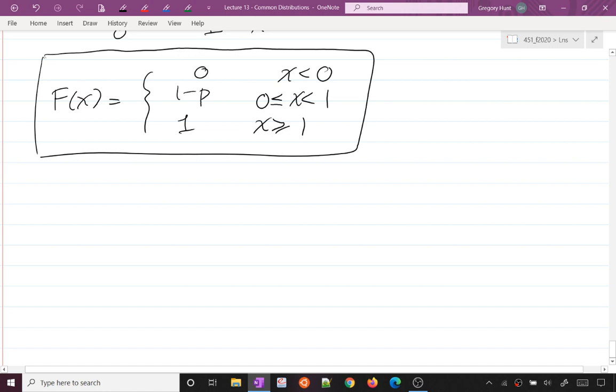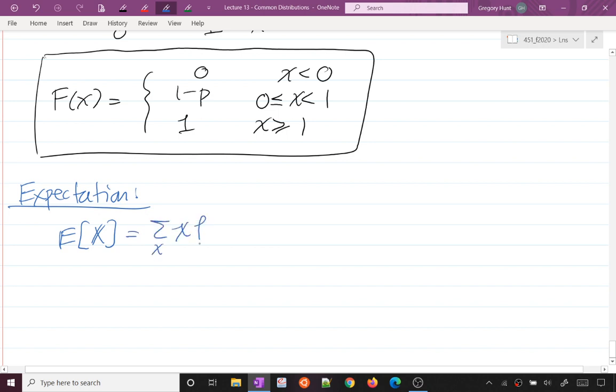What else have we looked at? We've looked at expected value. So let's look at expectation. It's a pretty simple random variable, maybe even simpler than the discrete uniform. The expected value of a Bernoulli random variable, we could write out, is the sum of x times f(x).